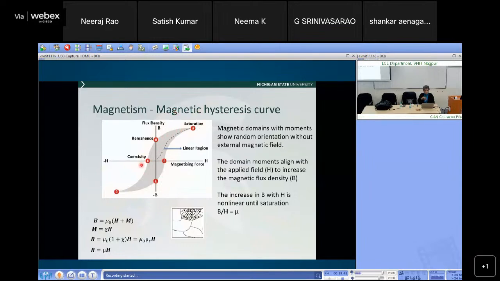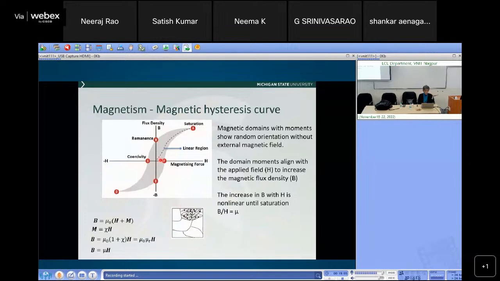When you have a magnetic material and you apply an alternating excitation, it traces this hysteresis curve, which is really a loss of energy. The area of this hysteresis loop is the energy lost in magnetizing, demagnetizing, changing the domains and all that.